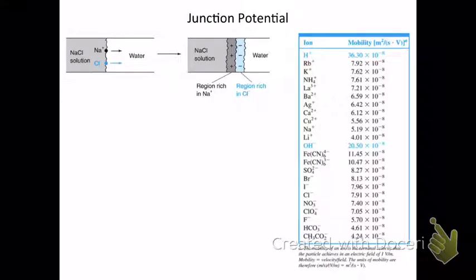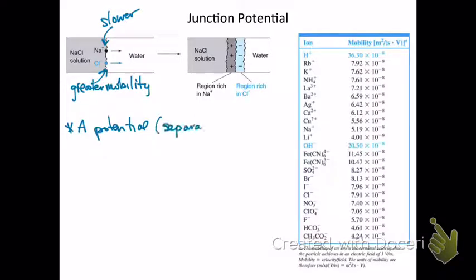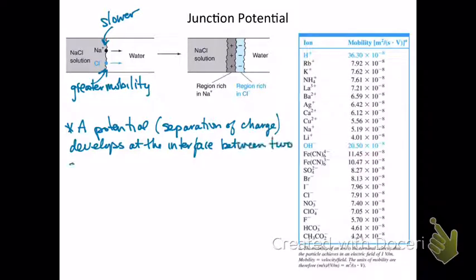So first we need to understand this term junction potential. A junction potential is a potential that develops at an interface because some ions have greater mobility than others. A potential, remember, is the separation of charge. It develops at the interface between two dissimilar electrolyte solutions.